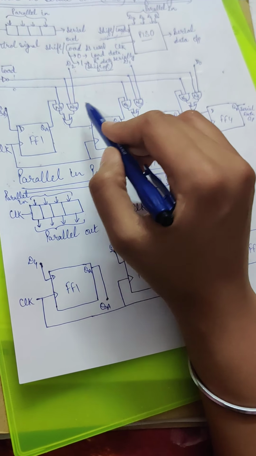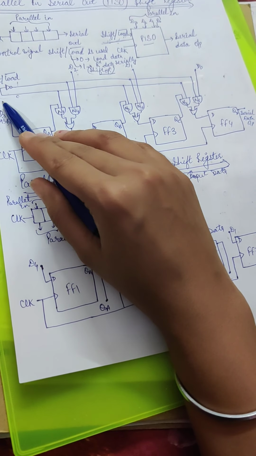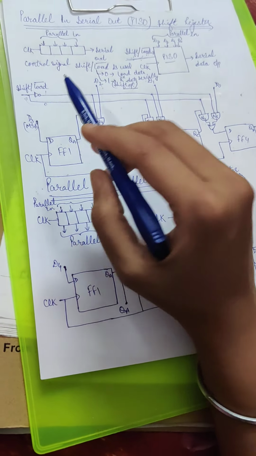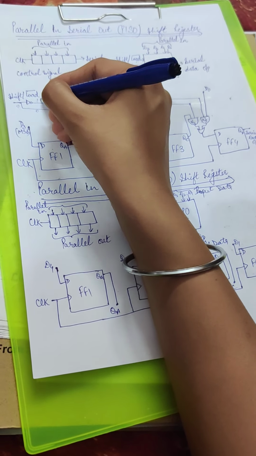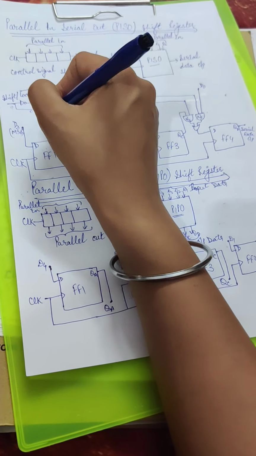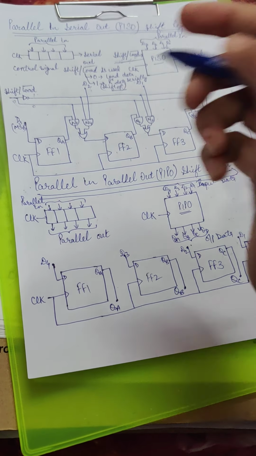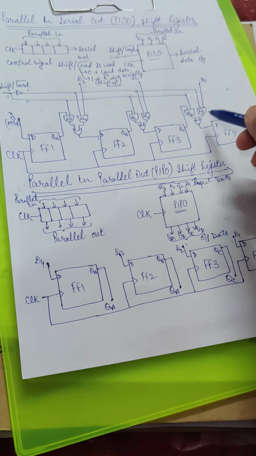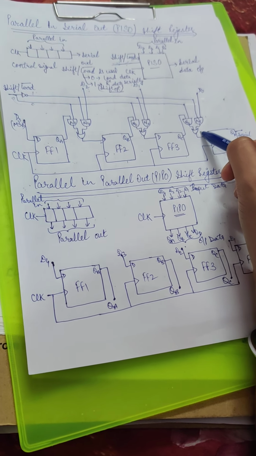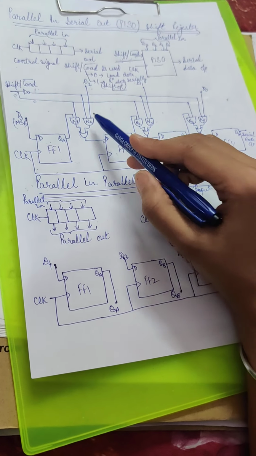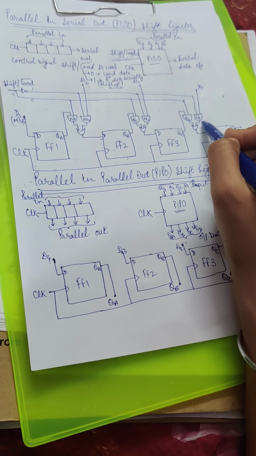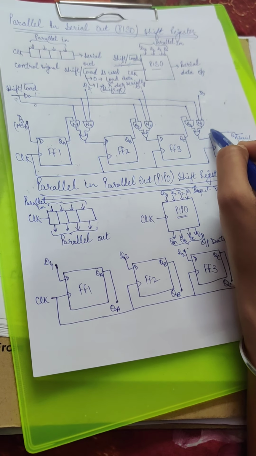And for serial shifting, this control signal has to be 1. So on this 0 is applied and it becomes 1. Now N1, N2, N3 gates are active and N4, N5, N6 are not active. These are disabled.